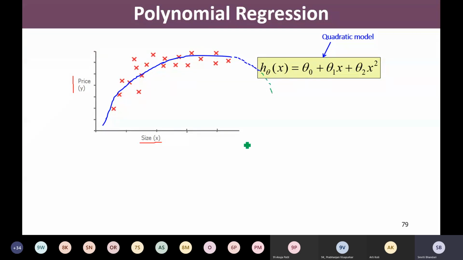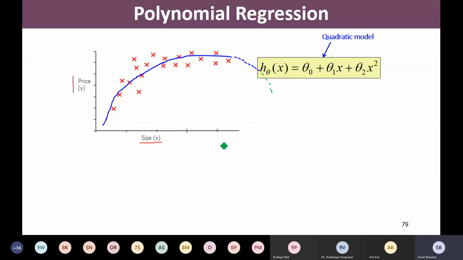So if now I am having such a quadratic model, then after some point my function may decline like this. And if my function is going to decline, then for the current scenario, what is the problem statement? We have been provided with the size of the house and we are supposed to predict the price.